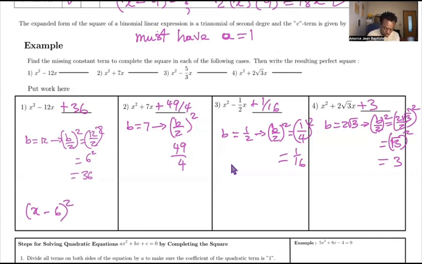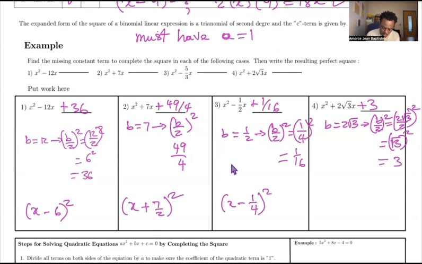And for the next one, number 2, it will be x, the sign of b is plus, and the square root of 49 over 4 is 7 over 2 squared. You always want to put the square because that's the equivalent of this expression after you add the constant that will make it a perfect square. For this one, it will be x minus 1 over 4 squared.